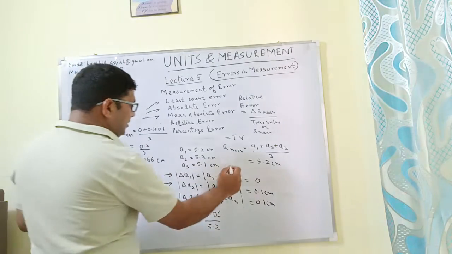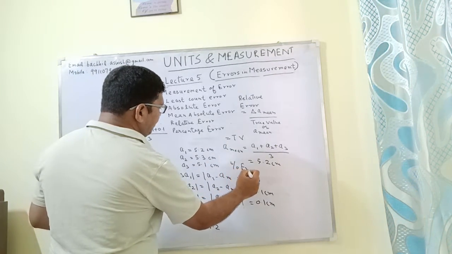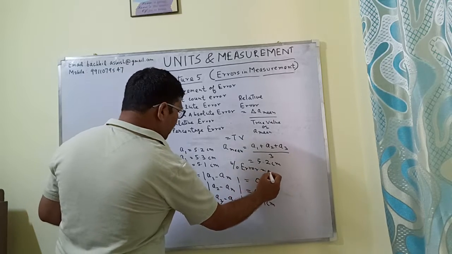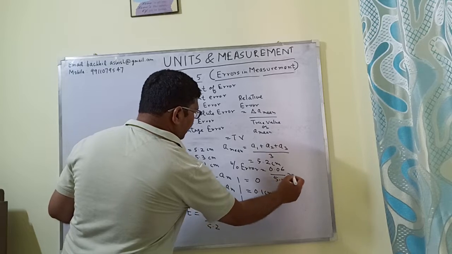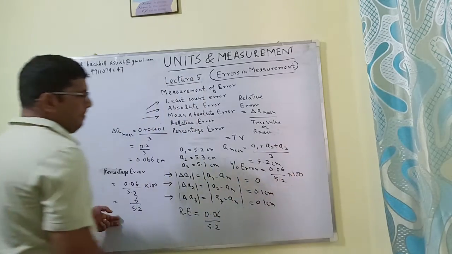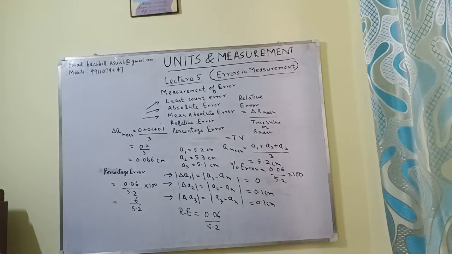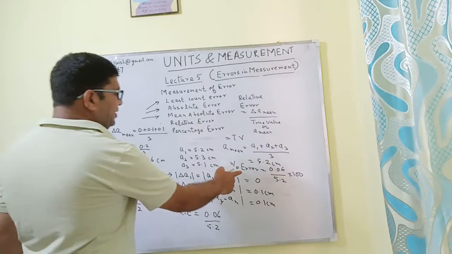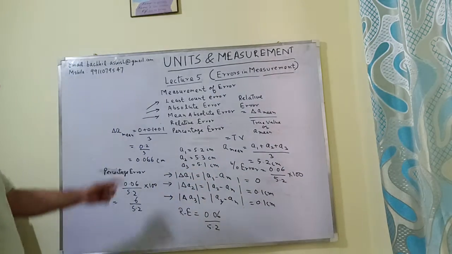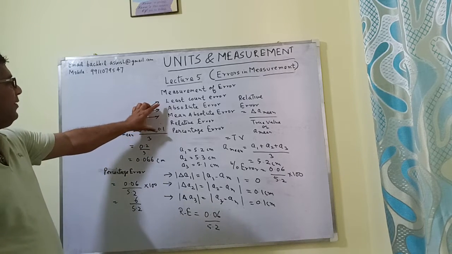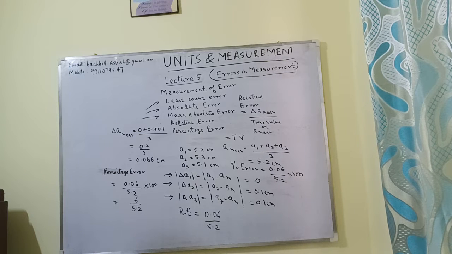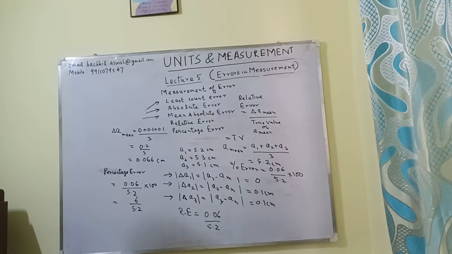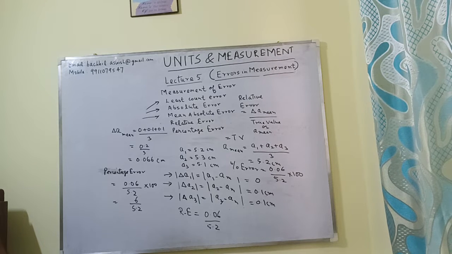And the percentage error is equal to 0.06 divided by 5.2 into 100. Okay, so this becomes the percentage error. So these are the five types of errors which are important for you from the point of view of the board and NEET entrance examinations.